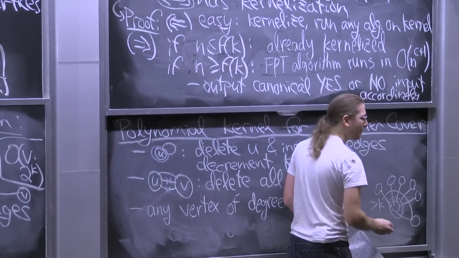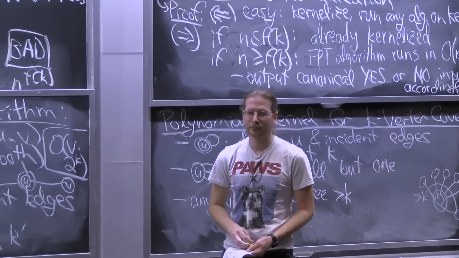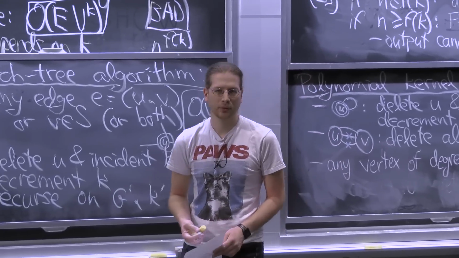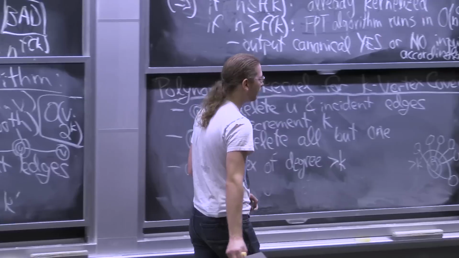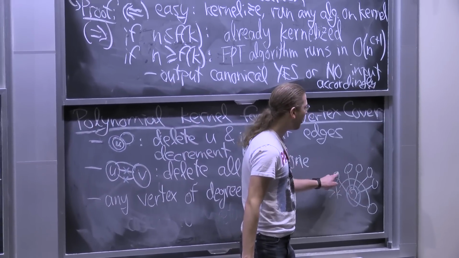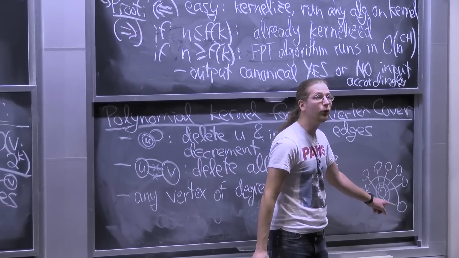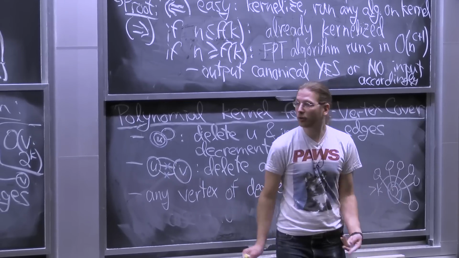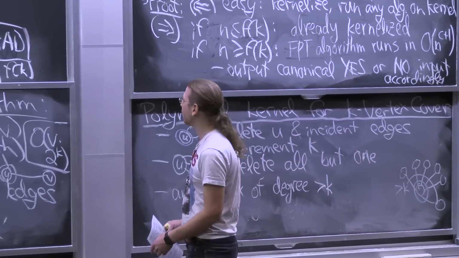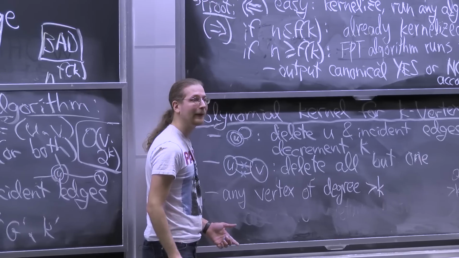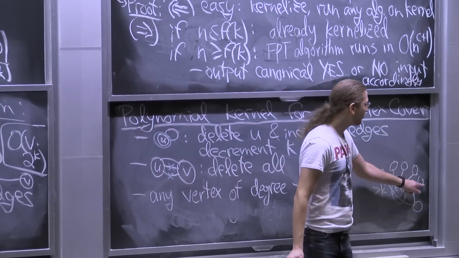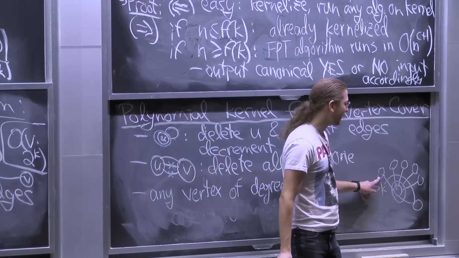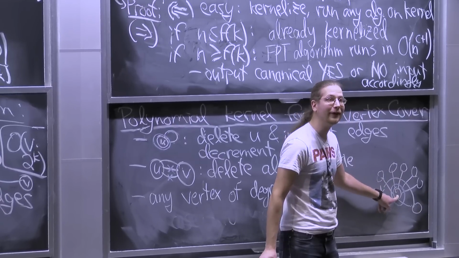Why? Right. Proof by contradiction. If I don't put it in the cover, that means all of these neighbors are in the cover. There's more than k of them. And the whole goal was to find a vertex cover of size at most k. So you better not put all of these in your vertex cover, because that's more than k. So therefore, this one has to be in there.